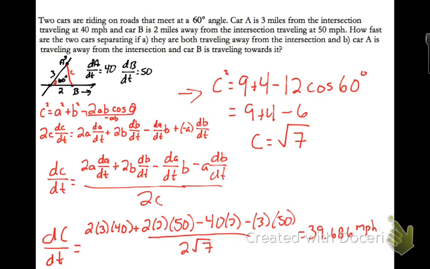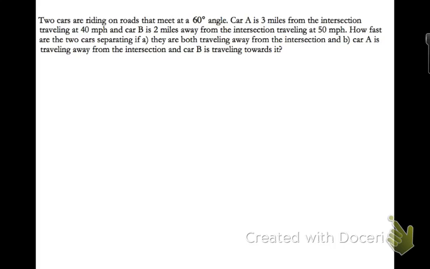Now in the second part of the question, the situation is a little different. Car A is traveling away from the intersection and car B is traveling towards it. So we'll have to redraw our picture. So it's the same intersection, two roads meeting at a 60-degree angle.